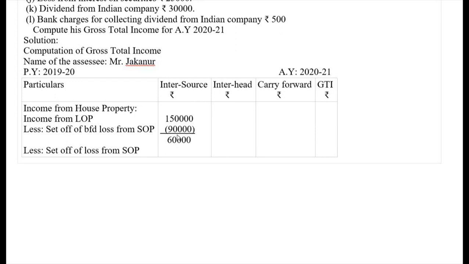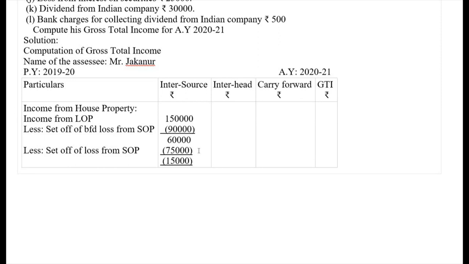Against which we can make adjustment of 75,000 loss for the current previous year. So let us underline the difference here, that is rupees 15,000.